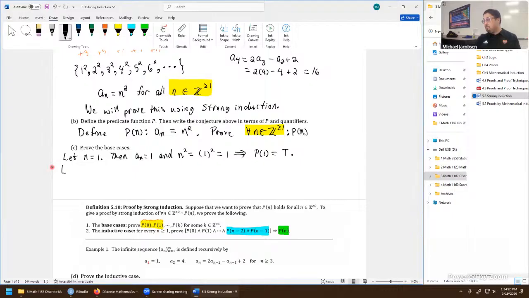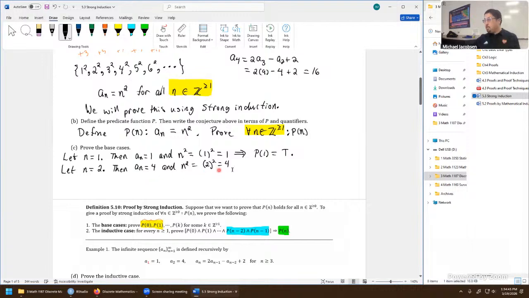So now we go higher. Let n be 2. Then we don't have to calculate anything. We just have the value here. a_n is going to be 4. And our conjecture, we're now looking at this side, n squared, is going to be equal to 2 squared.